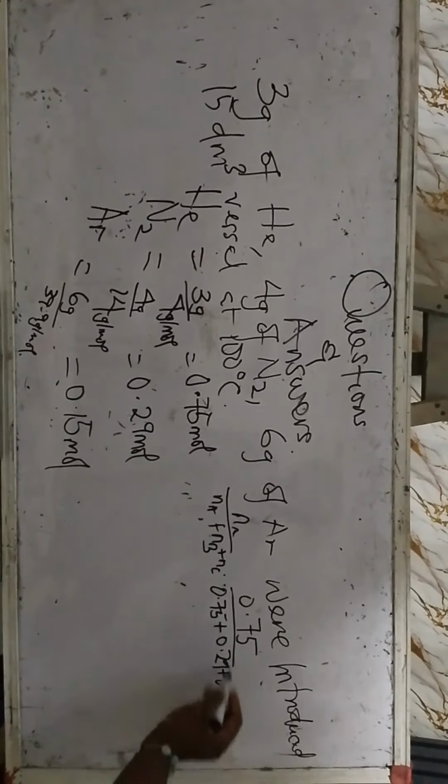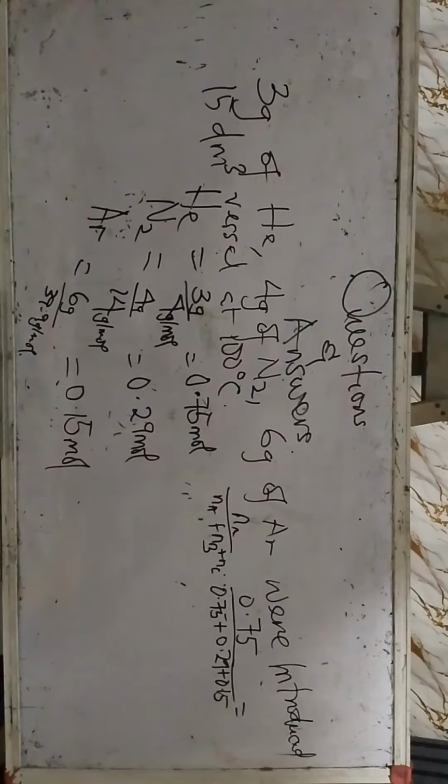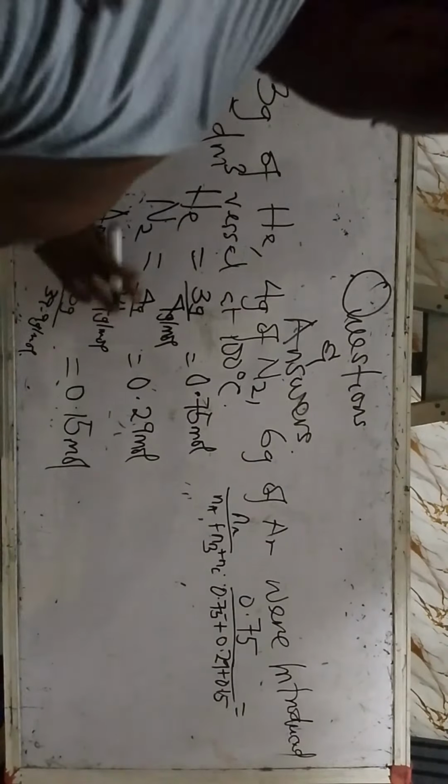So add up together, what do you have for helium? Someone is saying molar mass for nitrogen is 28. Yes, correct. That means someone is following me too.